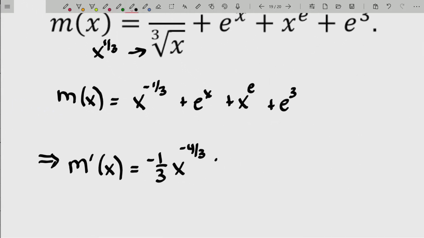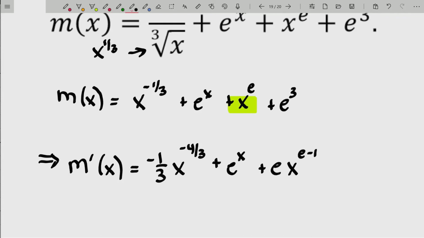But plus the derivative of e to the x, we now know, is just e to the x. Plus the derivative of a base x to the e. So my base is definitely x. I can totally do the bring the power down business. So e x to the e minus 1.